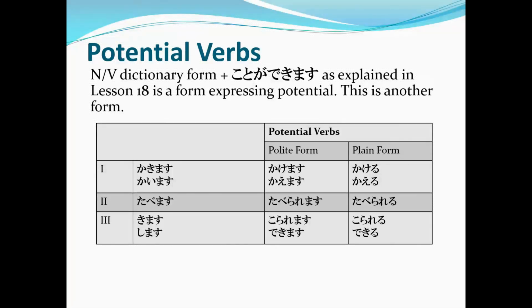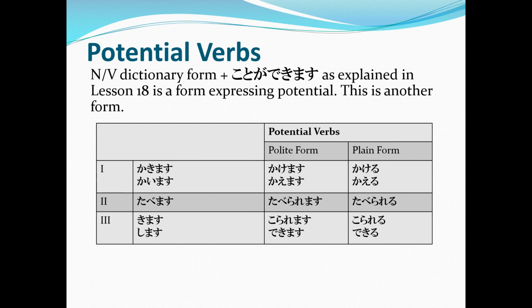Now, to become a potential verb, you have to remove the masu in its masu form, then add raremasu to become a polite form. Again, remove the masu from group 2 verbs, then add raremasu to become a potential verb in the polite form. So, tabemasu, potential verb polite form, is tabe raremasu.